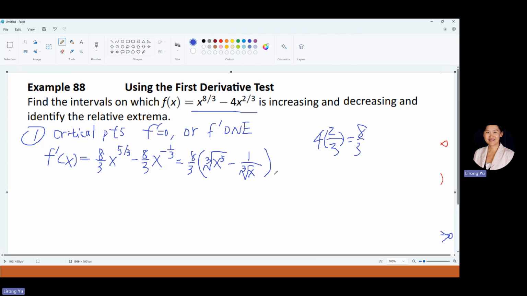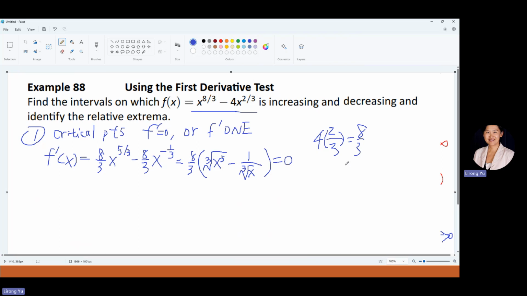And sometimes we convert from root form to power form. I write it this way because we can see that we actually have an undefined point. In the original function, the powers are all positive, so x can be any value. But now we have 1 over the root of x, so x is not allowed to be 0.